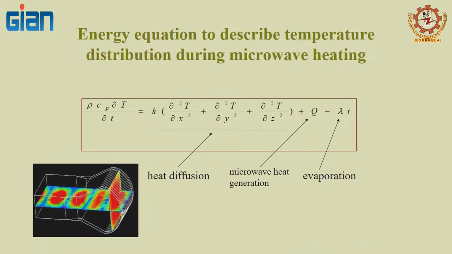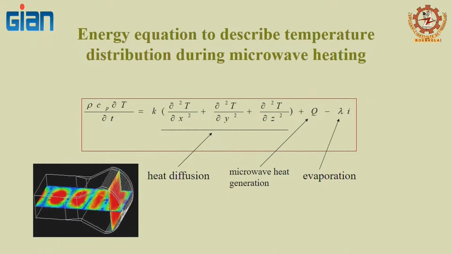So, again microwave has a complex temperature distribution. Shown here you have hot and you have cold and so on. That temperature distribution can be modeled using finite element or finite difference methods shown here.